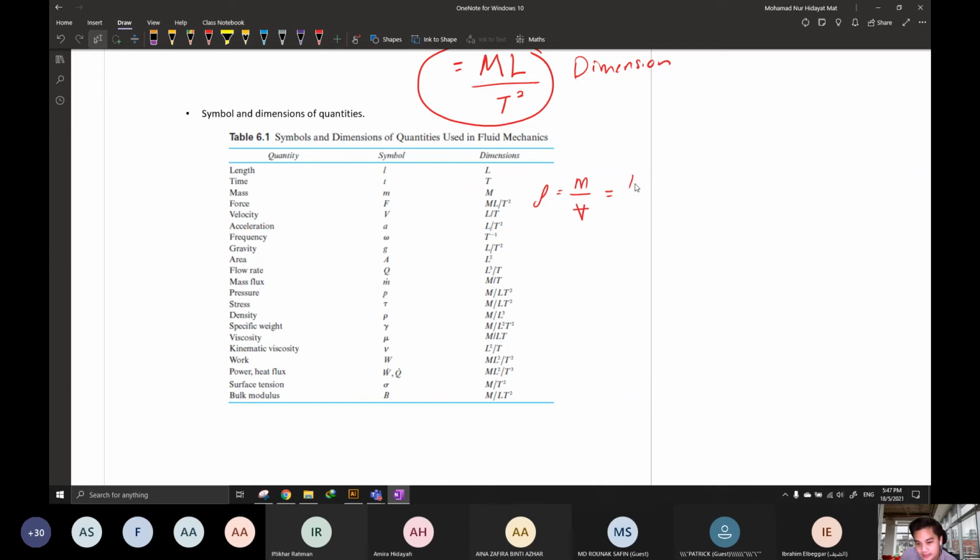The unit of mass is kilogram. The unit of volume is meter cubed. Kilogram is the mass, in the dimension it is capital M. For the meter cubed, it is length multiplied by length multiplied by length, three times. That is why the density is the same as M per L cubed.